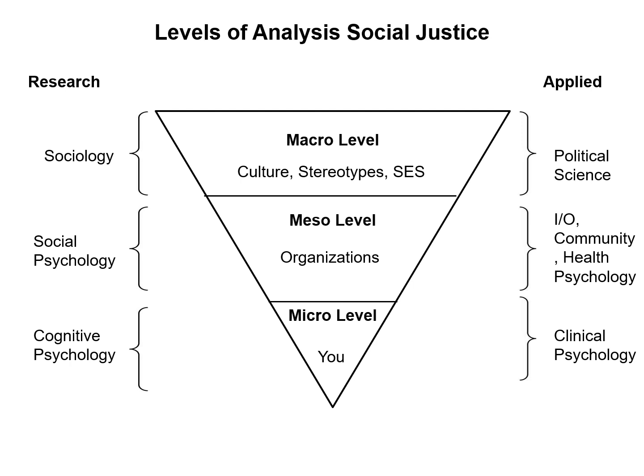So when we're thinking of the levels of analysis of social justice, we need to recognize that there are multiple levels going on. There is the macro level, where cultural stereotypes and socioeconomic status all impact people's abilities to perform. This is something well beyond the individual. So what culture you're born into, what stereotypes are around you based on your ethnicity, and the SES that you're in, that is, socioeconomic status.